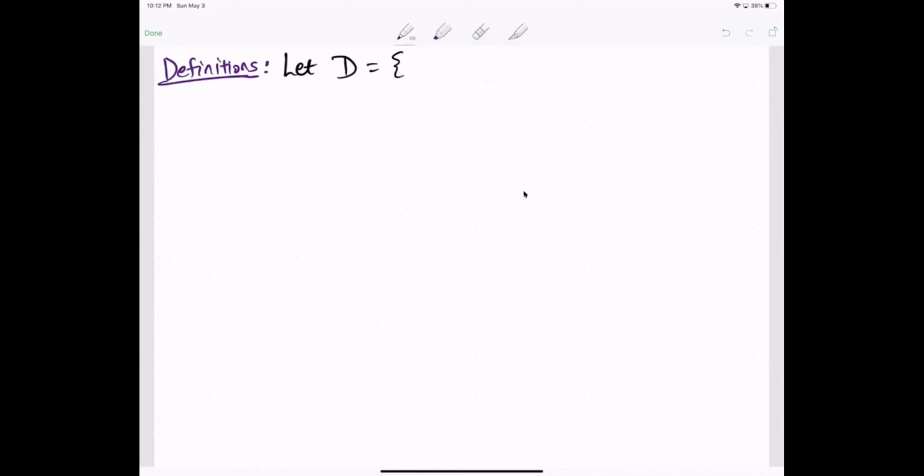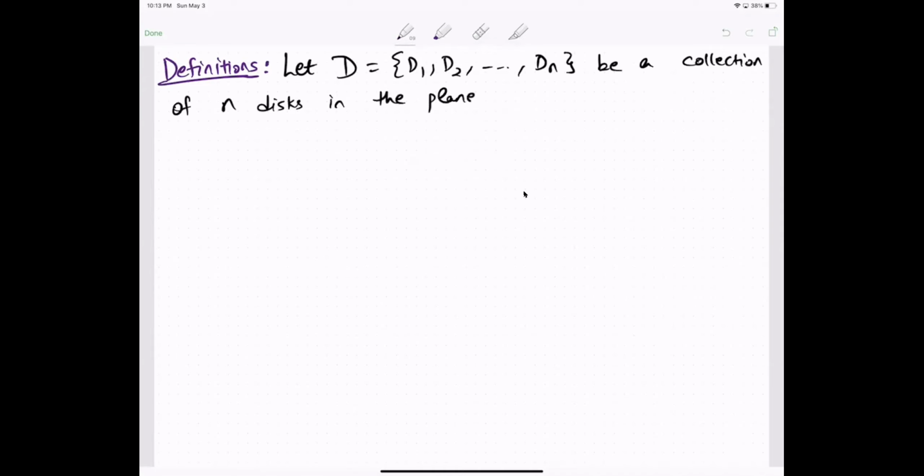Again, let D be a collection of disks in the plane. Right, so now let's start defining things.